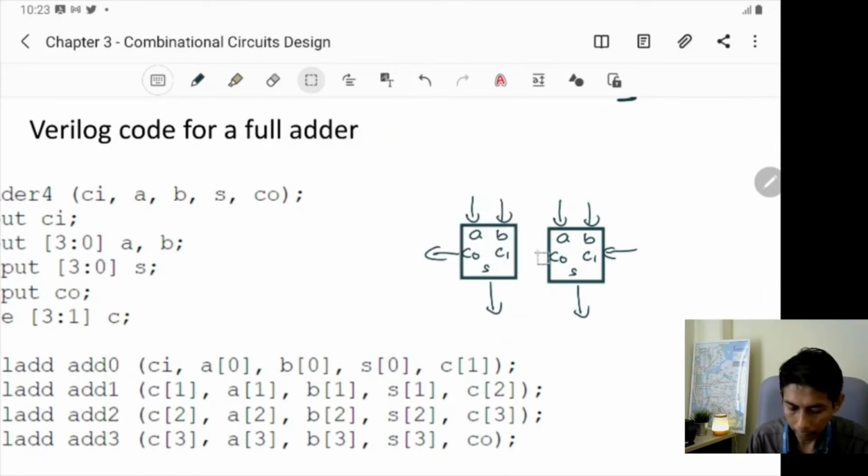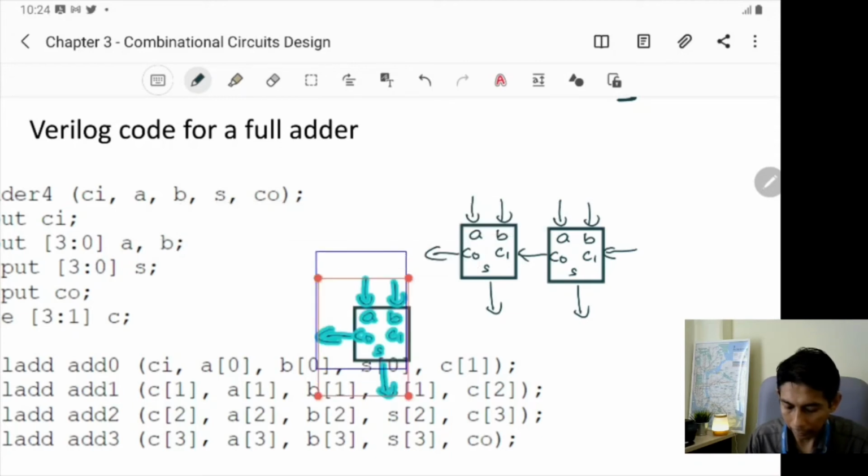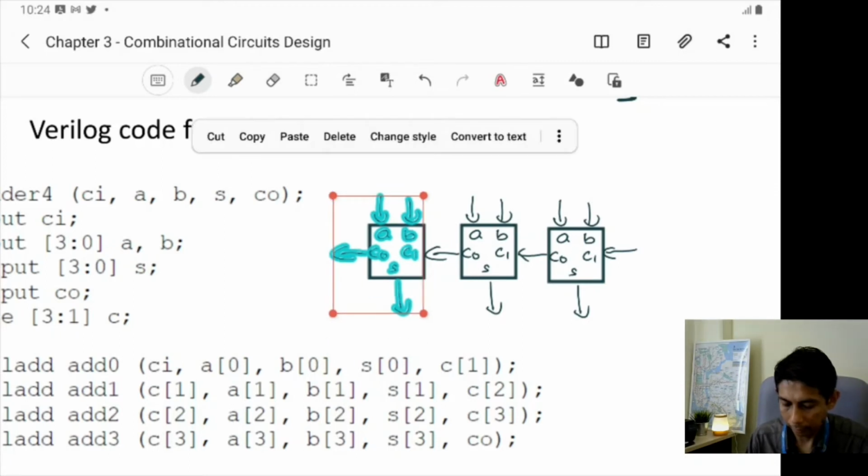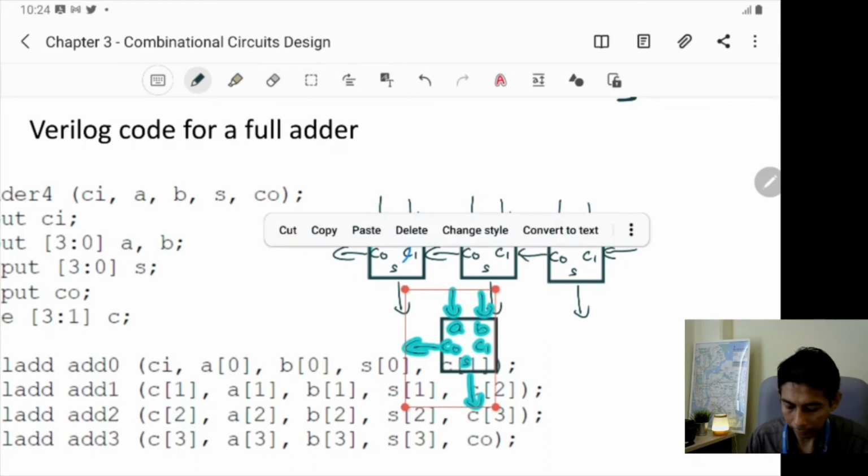And this one is connected to this. We have 2 bit now. And now we can have another bit become 3 bit. And the last one.